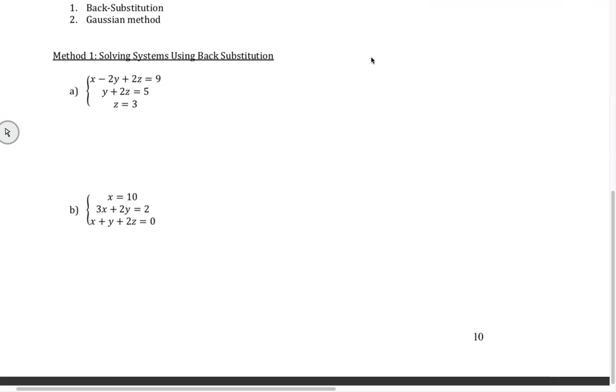So what do I mean by that? Notice I have 3 equations, x, y, and z. I have 3 equations, so I need 3 variables, x, y, and z. This is equation number 1, 2, and 3. Notice 3 is already solved for, right? So when I'm doing these, I'm looking for 3 answers, x, y, and z.